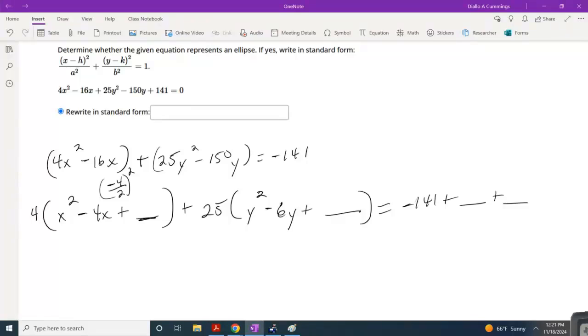So I get 4, right? Because negative 4 half is negative 2. Negative 2 squared is positive 4. For my y variable, same deal. I am going to take half the coefficient of the middle term and square it. So I get 9.